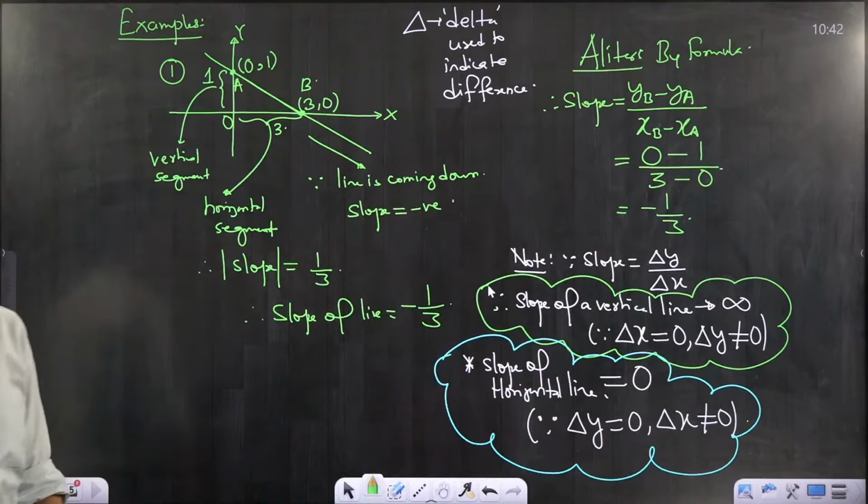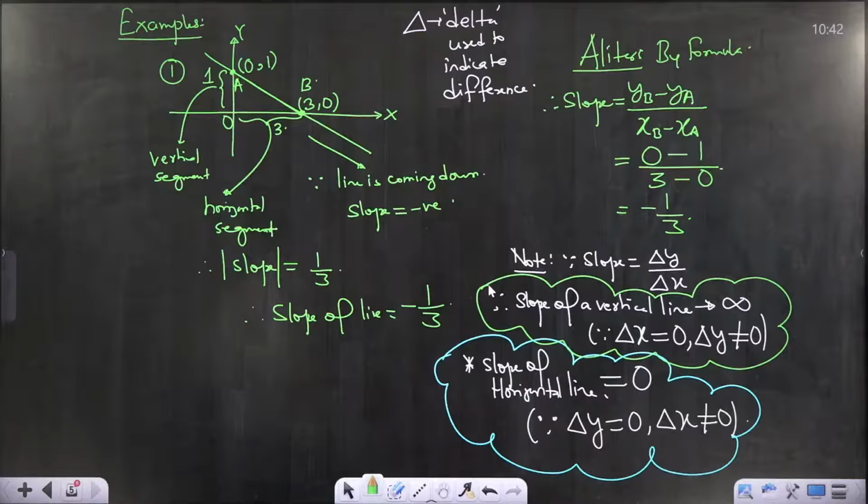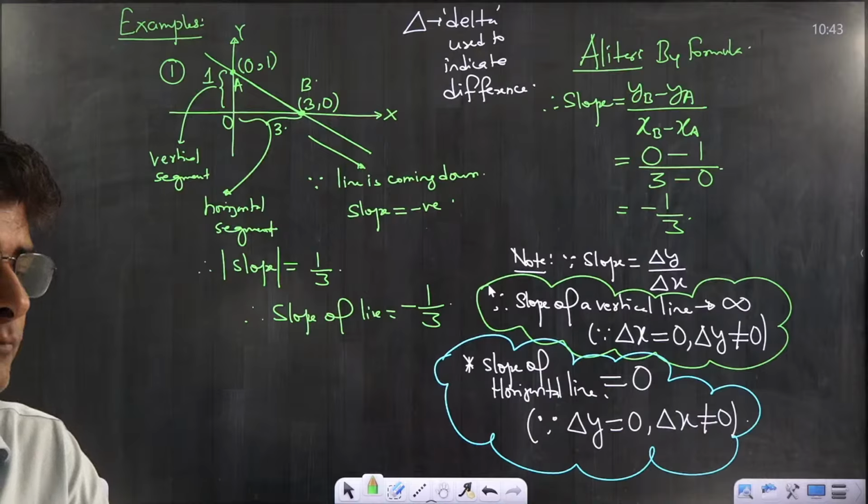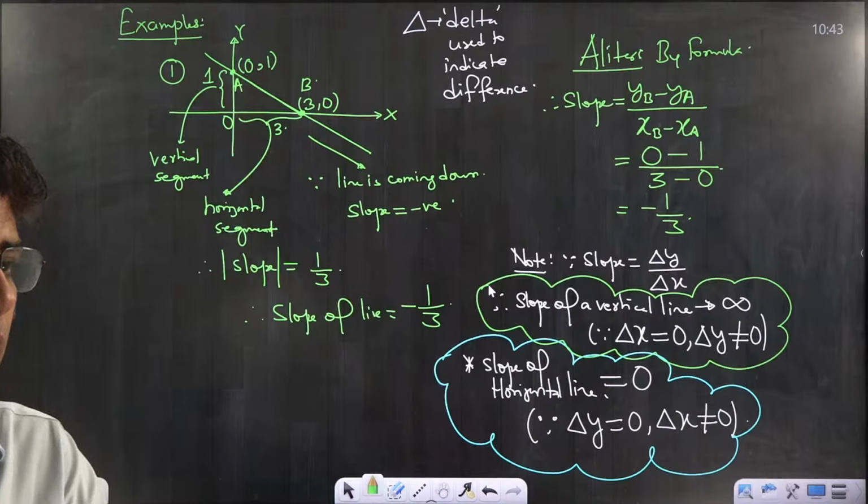Is it clear? Yes. So just delta y will become 0 here. So 0 upon anything is 0. And if you are taking a vertical line, then slope becomes infinite. I am telling this all just so that you don't depend on a single formula. Sir, tan theta is not given, how to do? So without knowing that also, you can find the slope very easily. Is it clear?